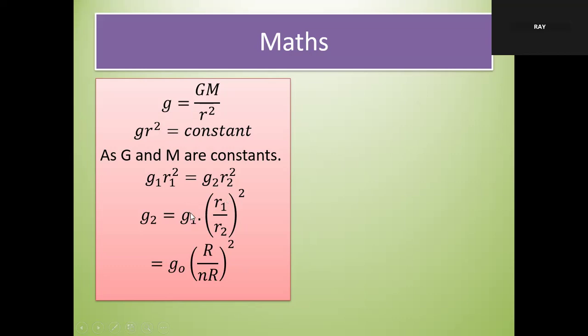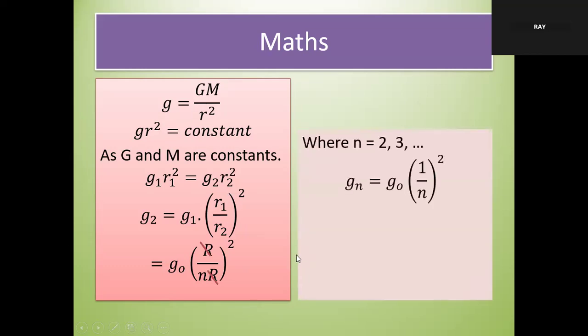G1 is g0, radius capital R, and this n times R. Cancel capital R. That's how we get the equation. Just memorize the equation and no need to derive it. So if you are 2R away, divide by 2 square. 3R, 3 square. Okay or not?